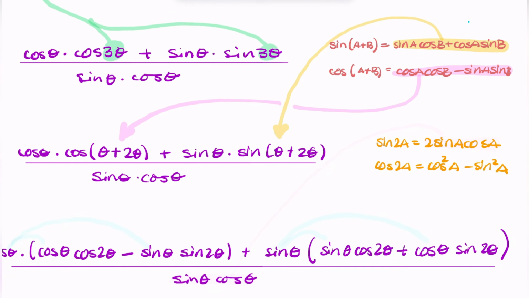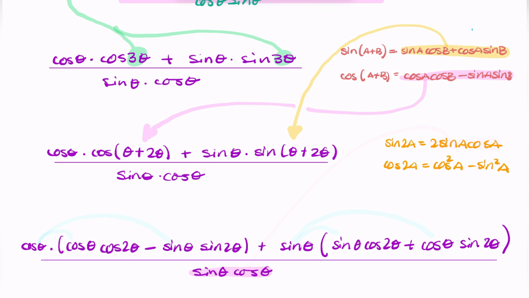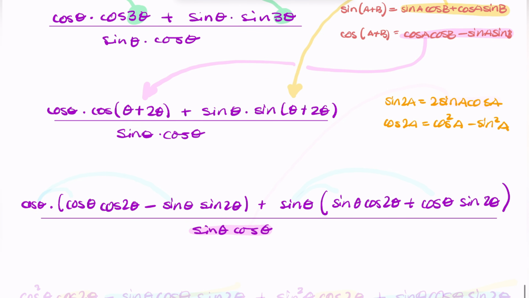So for example, the denominator, sine theta cosine theta, looks very much like that. So we can replace the denominator with half sine 2 theta.